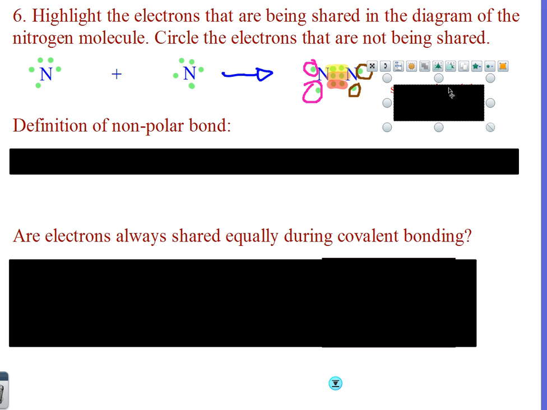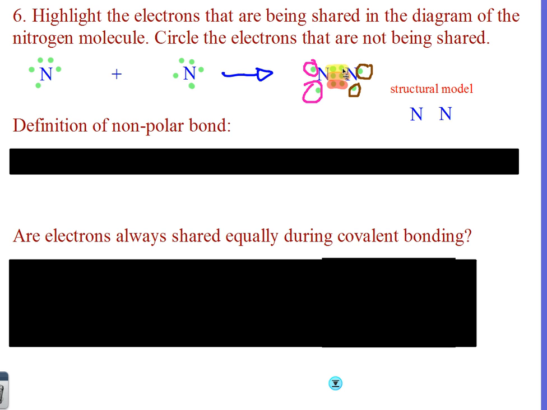So let's take a look at our structural model. Remember, for each pair of shared electrons, you get a single line. So for the top pair, there's my line. Sorry, it's a little crooked. For the middle pair, there's my line. For the bottom pair, there's my line. So I have 3 pairs of shared electrons.